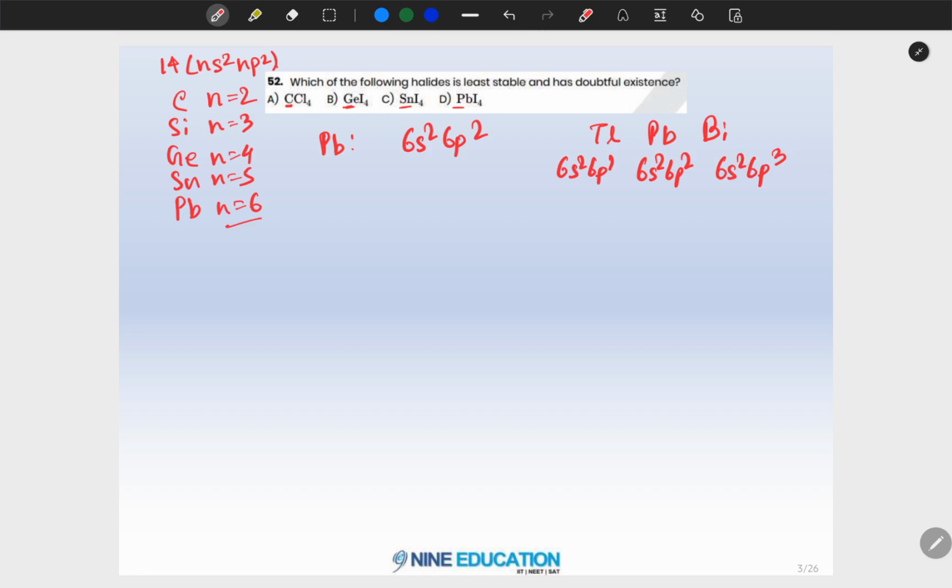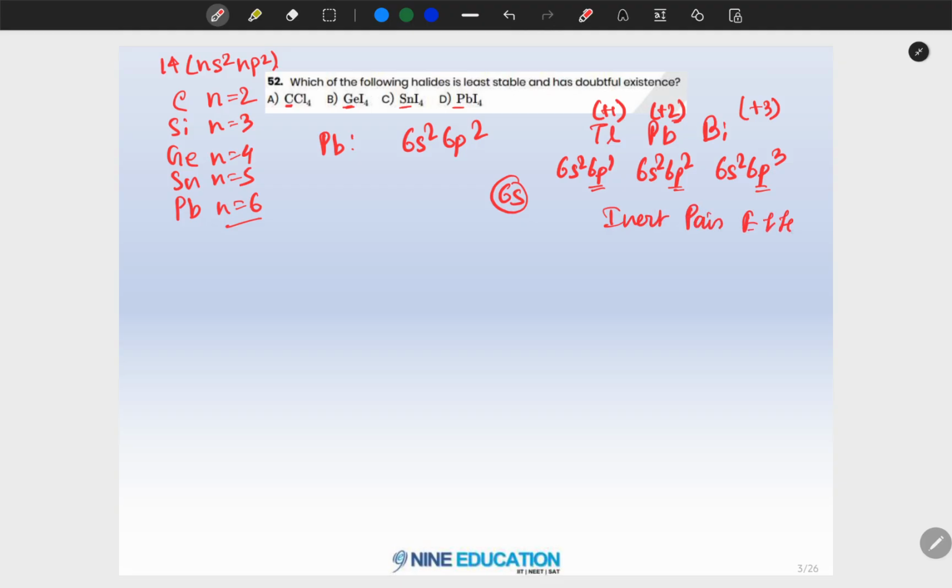For bismuth, the stable oxidation state is +3, for lead it's +2, and for thallium it's +1. Clearly from the stable oxidation states we get an idea that only the 6p electrons participate in bond formation, and the 6s electrons are inert to bonding. That's why they are not even contributing in the oxidation state. This is known as inert pair effect.